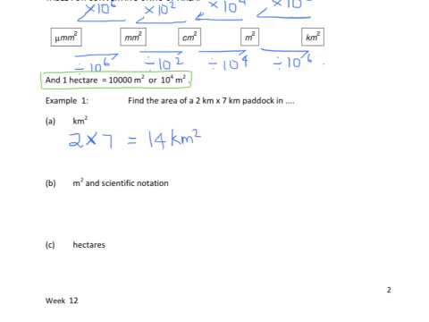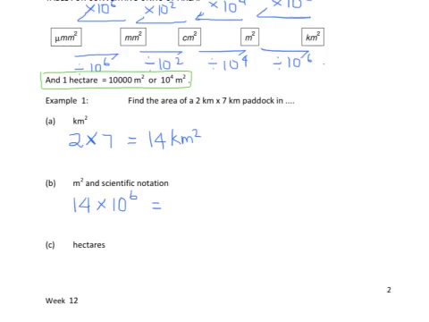kilometres squared. If I want to write that in scientific notation and metres squared, first of all, I take the 14 kilometres squared, and to convert kilometres squared to metres squared, that's along the top here, it's multiplied by 10 to the power 6. Now, is that scientific notation? It's not really, because remember we had to have only one digit on the left hand side of the decimal point for scientific notation.